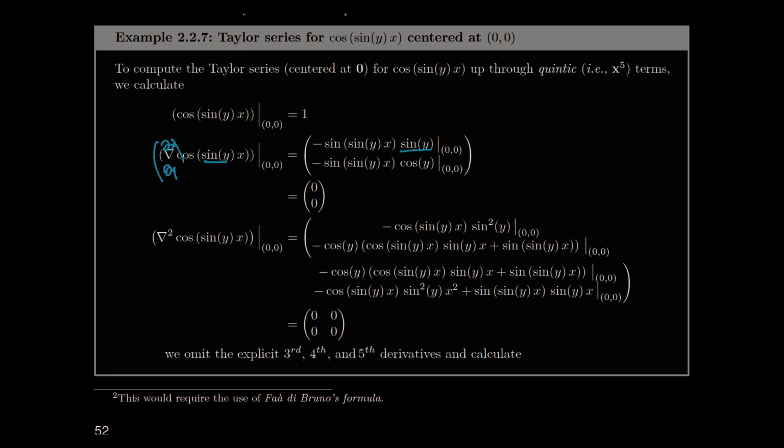The partial in y gives me a chain rule with a cosine of y coming on the outside. So then we end up with negative sine of yx times sine of y, and then negative sine of yx times cosine y. They both get evaluated at the center, because that's the center, I put 0 in everywhere, and we immediately recover 0, 0.